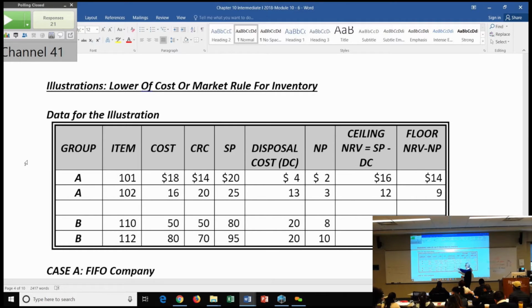What I'm giving you here are 4 products, 2 product groups. You've got the information. This is the cost. Where do we get this cost? Well, this cost is based on LIFO, FIFO, weighted average. That's the end of the period inventory valuation. The way this works is the same way that receivables work.